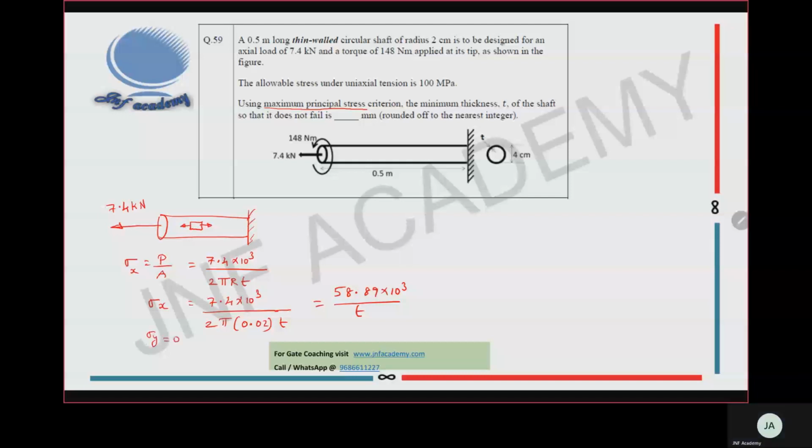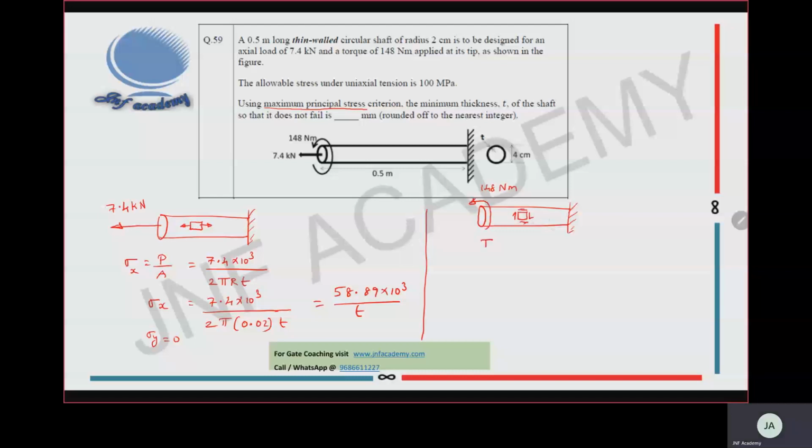Okay. Then if you go for the torsional case, the end torque case, 148 newton meter. If you take any one small element over here, it will be subjected to pure shear. Okay, it will look like this.